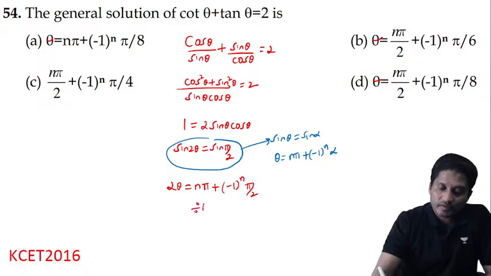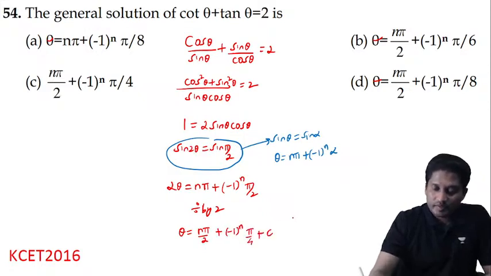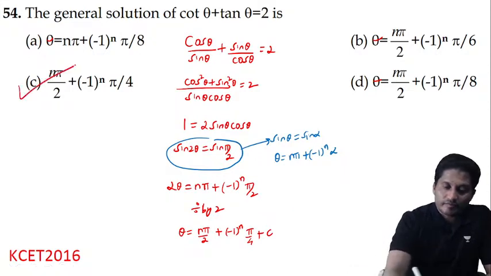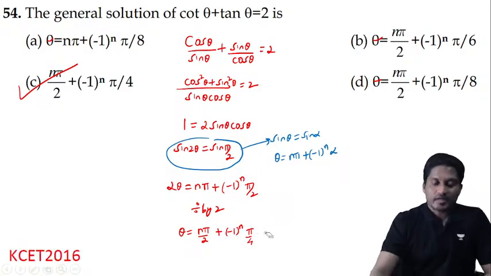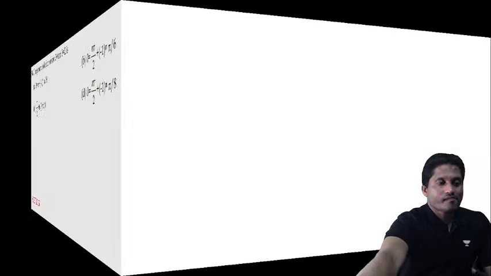We divide throughout by 2. Theta is equal to n pi by 2 plus minus 1 power n times pi by 4. The answer will be option C. Let's move to the next question.